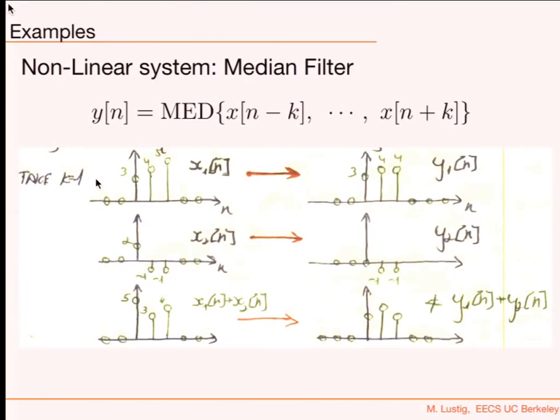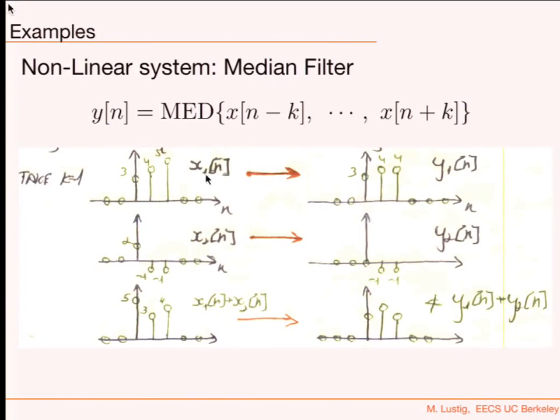But here, just to show you, how do I compute a median filter? I take 3 measurements here, so that gives me the value over here. So 0, 0, 3 gives me median 0. So I got that 0 over here. And then I take 0, 3, 4. What's the median? 3.